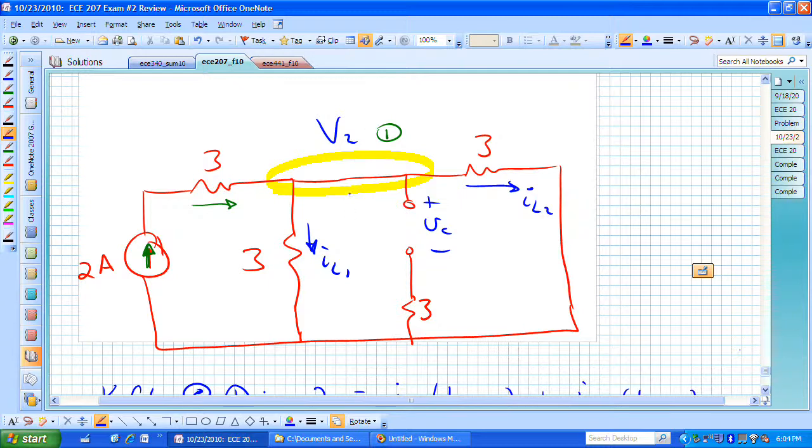That V sub 2 is with respect to the top node, node 1, and this reference node down below. We have 2 amps coming in from the left.